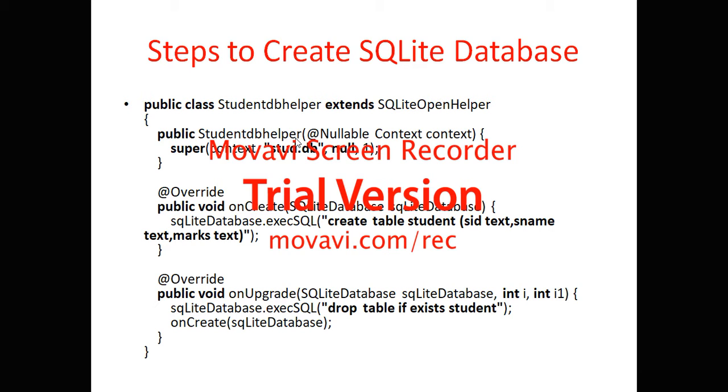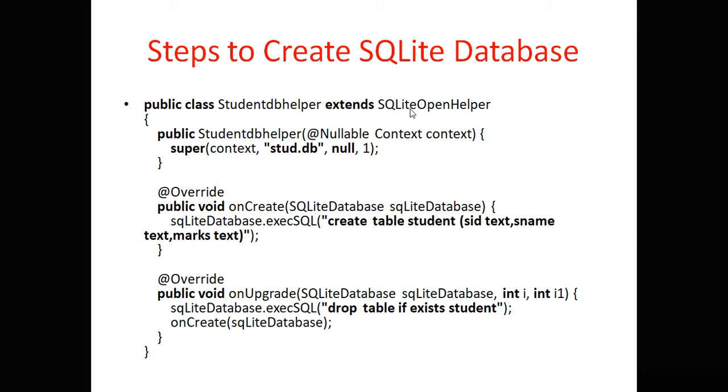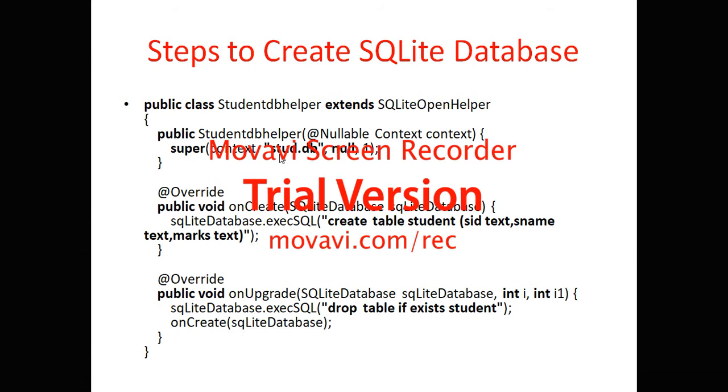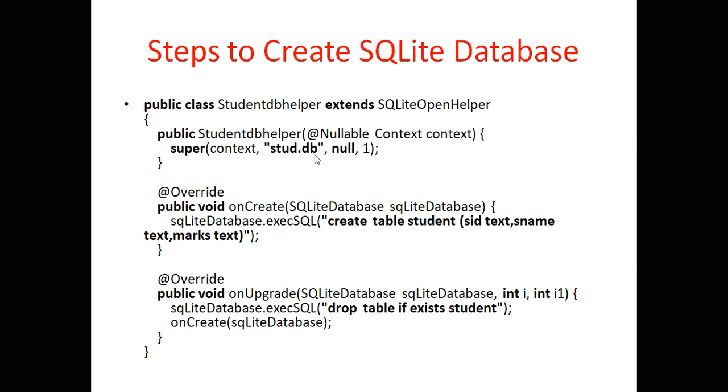Now, in this StudentDBHelper constructor, you have to call the constructor of SQLite Open Helper class using the super method. What exactly does super mean? When we have a super, we are actually calling the super class constructor. Now, in super, we pass one of the parameters, which is the database name.